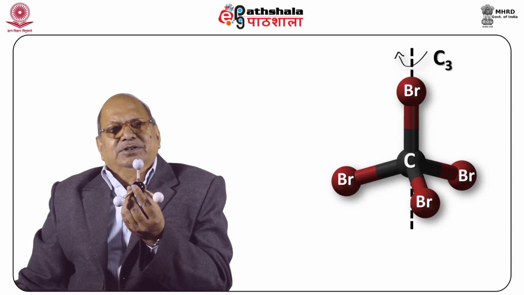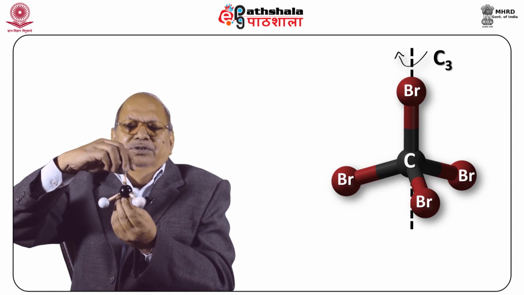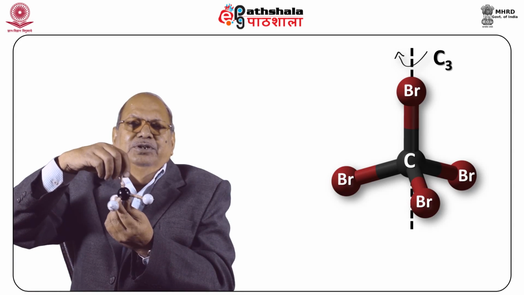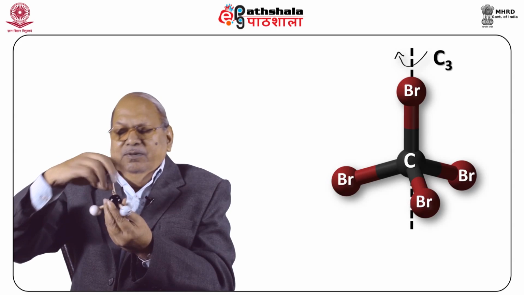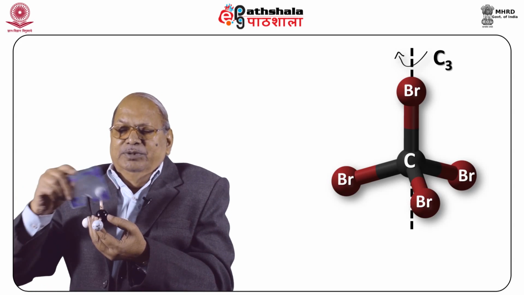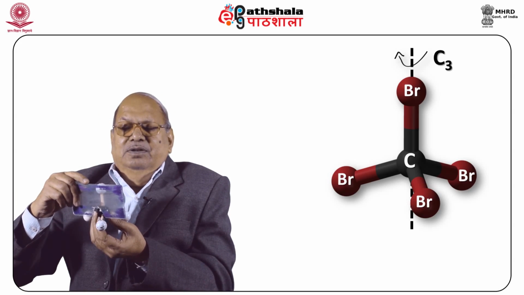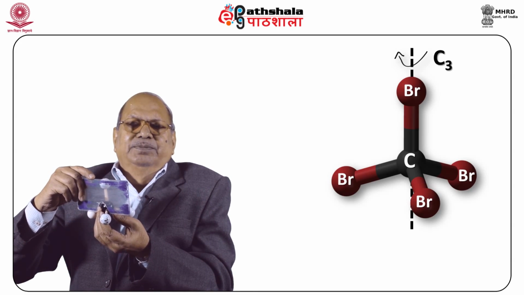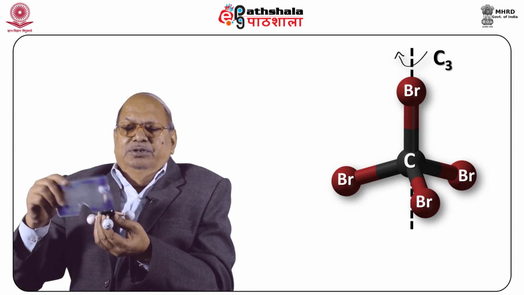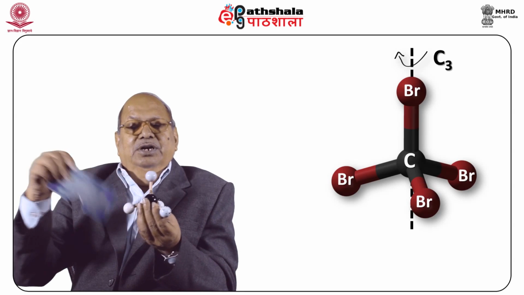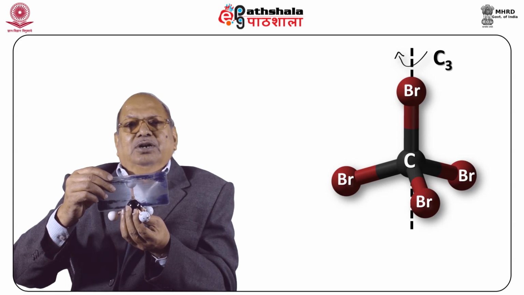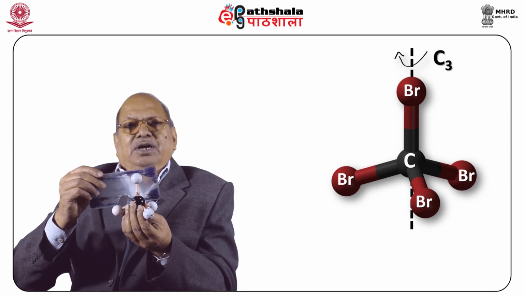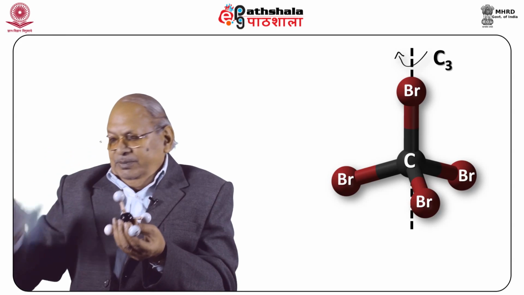How many bond vectors are shifted? 3 bond vectors are shifted. This is not shifted. If I carry out one of the sigmas like this, 2 bond vectors are not shifted and 2 are shifted. These, lying in the mirror plane, are not shifted, and these are shifted.